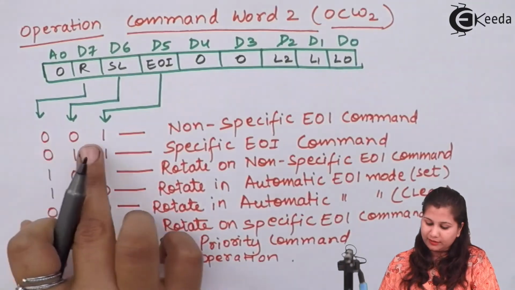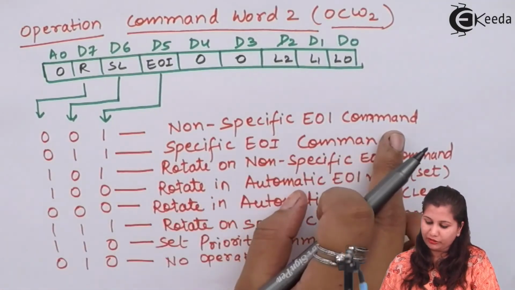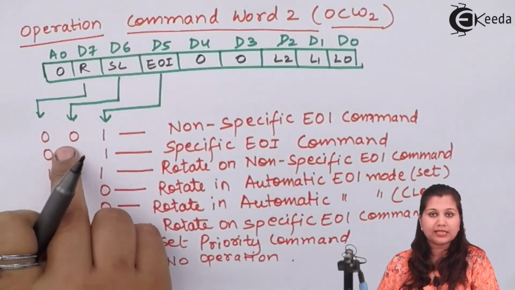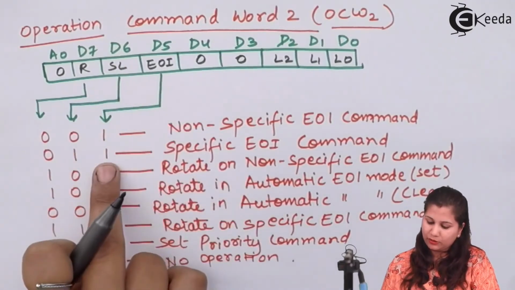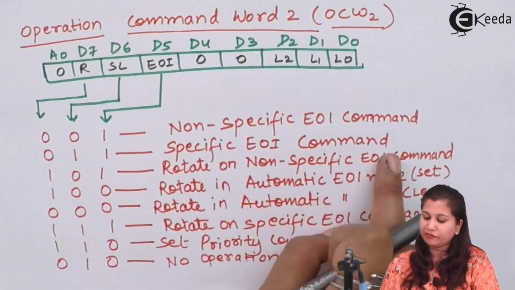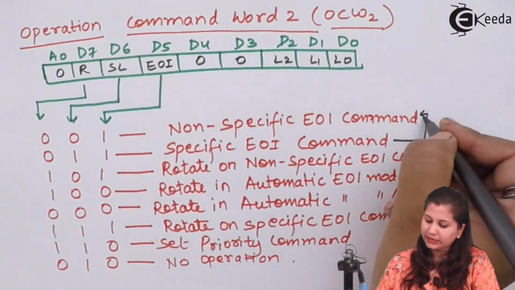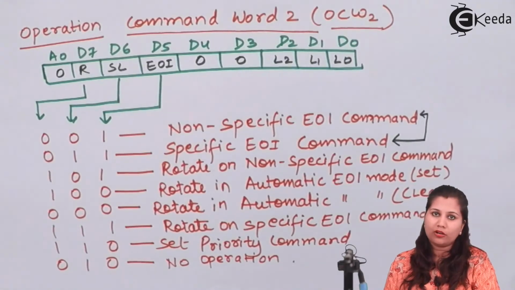So if it is 001, it is a non-specific end of interrupt command, because the EOI bit is set but the SL bit is 0. Now if the SL bit is also 1 and EOI is also 1, then it becomes a specific end of interrupt command.